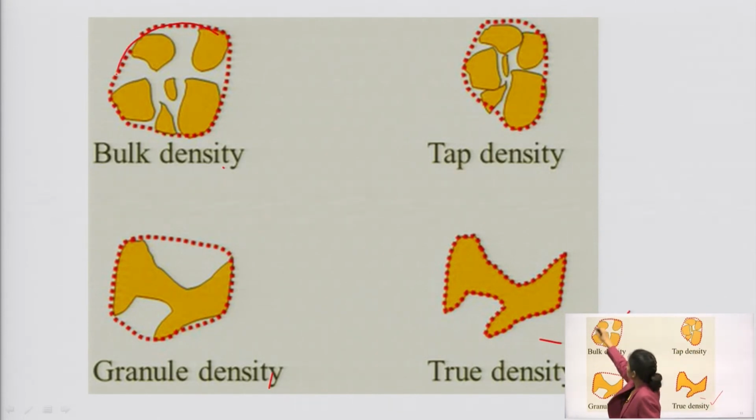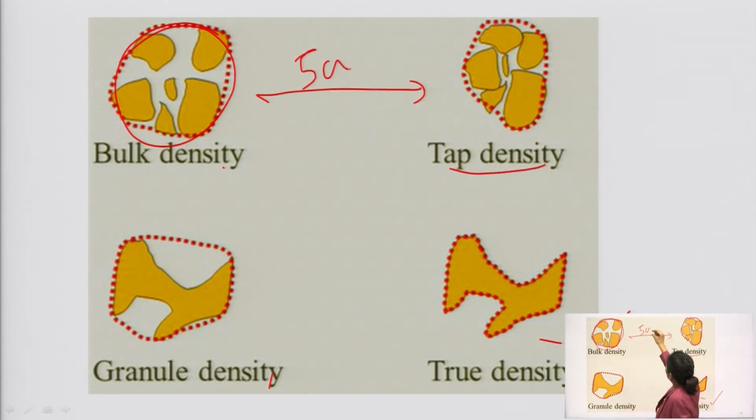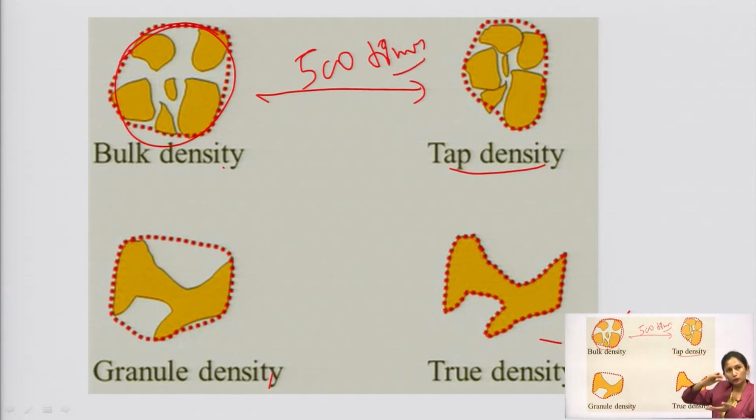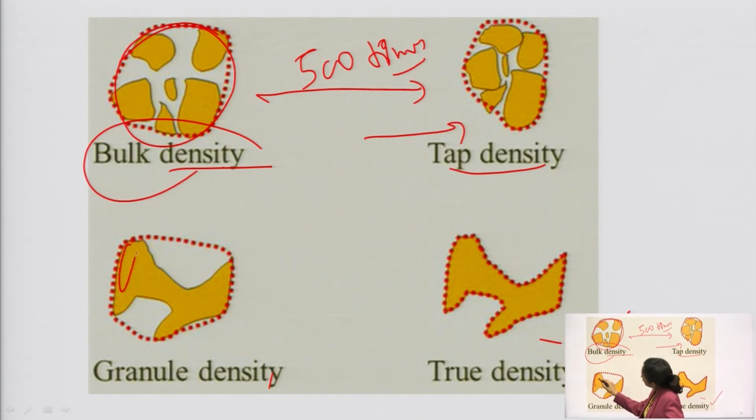Bulk density सब कुछ included है. टैप डेंसिटी हाँ इंक्लूडेड है, कैसे, इसको 500 टाइम टैपिंग कर दिया तो थोड़ा कंप्रेस हो गया है. कंप्रेस होने की वजह से उसका वॉल्यूम थोड़ा सा कम हो गया, but it not reaches towards the actual true density. So this is known as bulk density, and apparent bulk density and pour density, all are same. This is the tap density and the granular density, density of this actual particle including this intraparticle space.